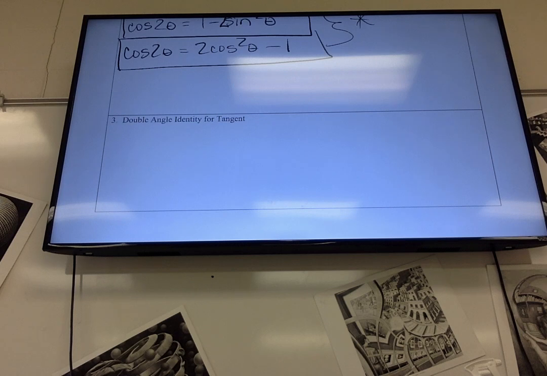Double angle identity for tangents. So if we have the tangent of 2 theta, it's the same as doing tangent of theta plus theta.